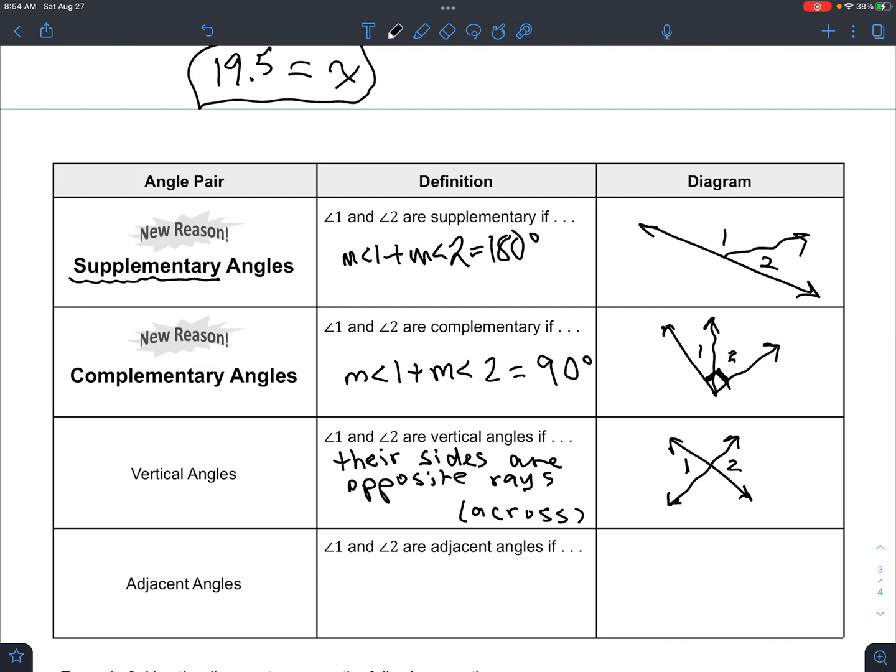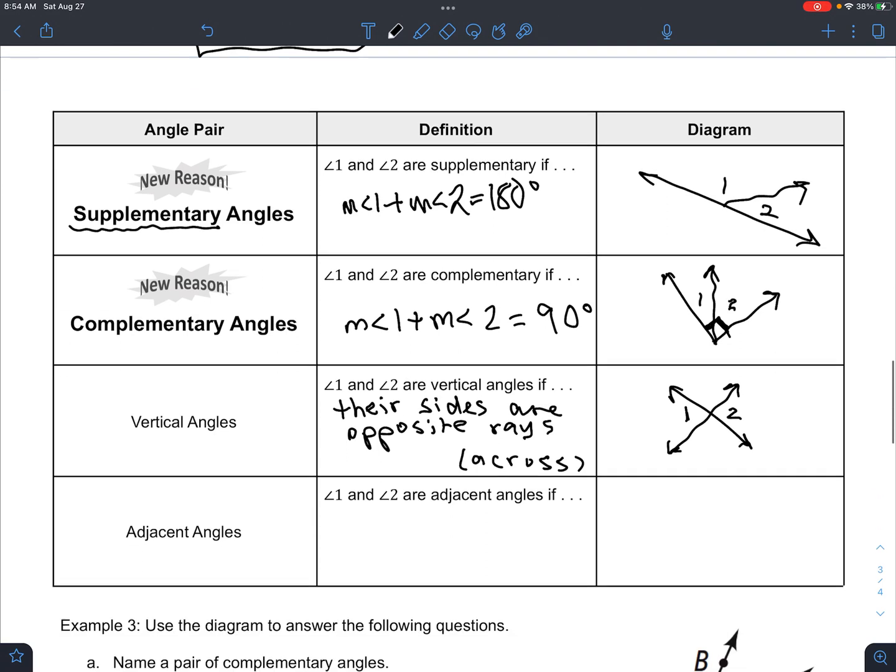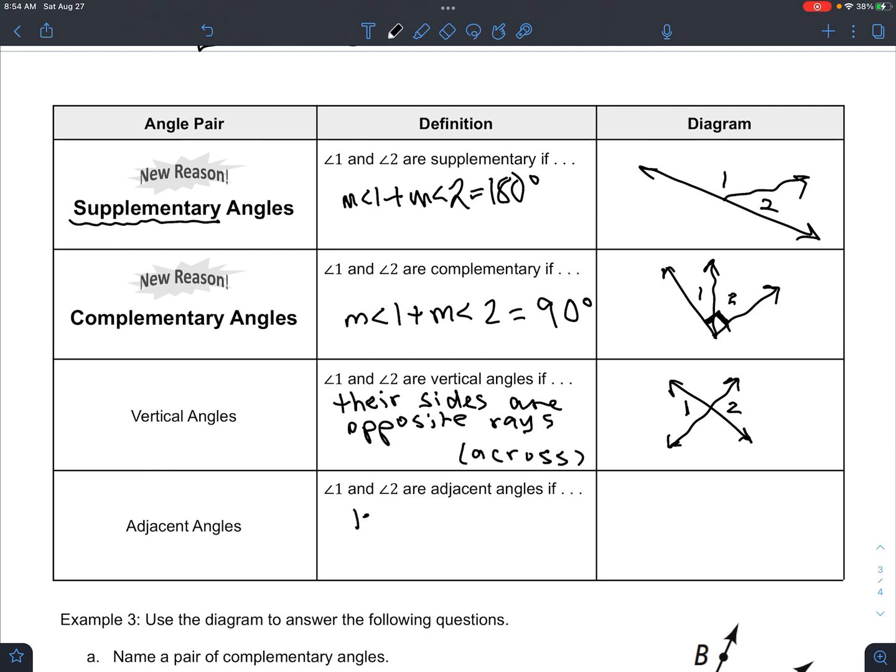We'll prove that. And adjacent angles, I already mentioned a little bit, they share a ray. And if that doesn't click, you could just say that they're touching. So that would be something like this.